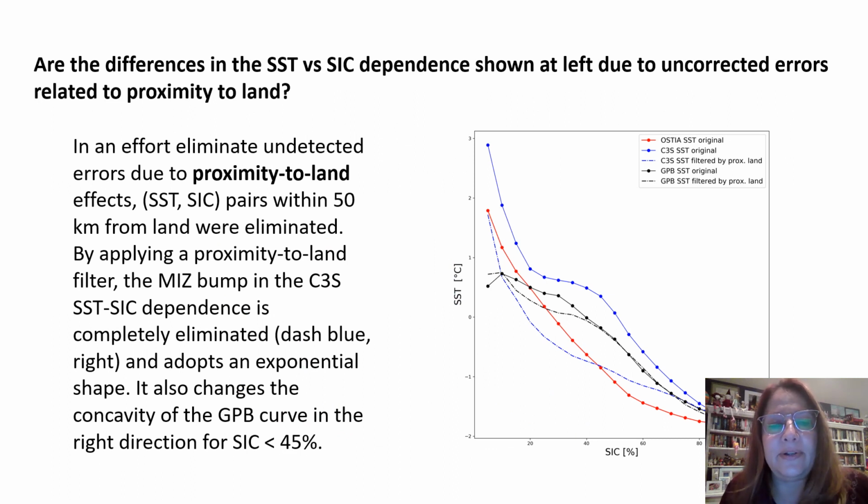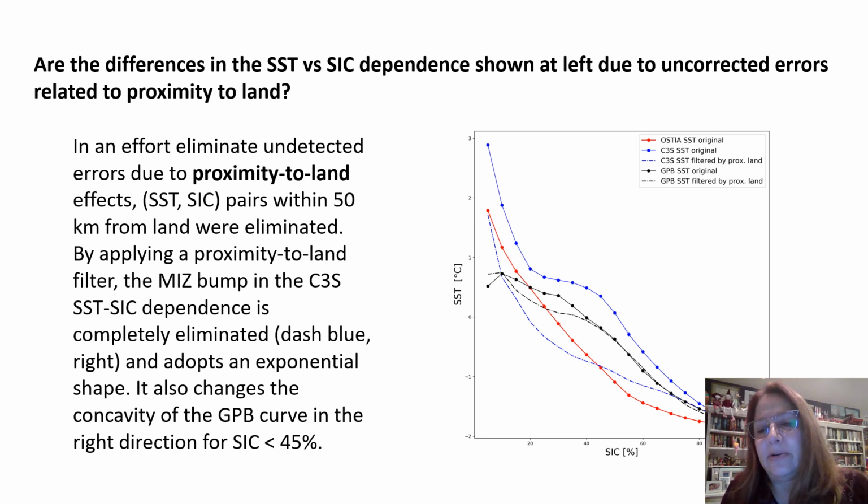So the first thing that comes to mind to explain something that is present in the CCI SST and associated ice, but is not in Ostia, is proximity to land effects. So in this experiment, we removed all the pixels that were within 50 kilometers from land, and we reproduced the SST-ice concentration dependence.